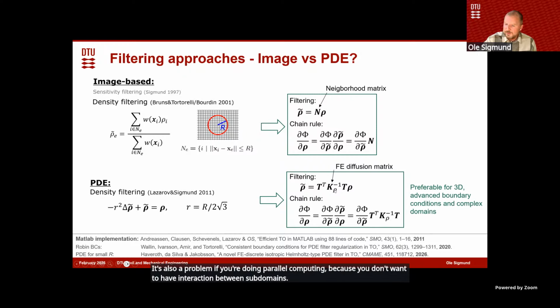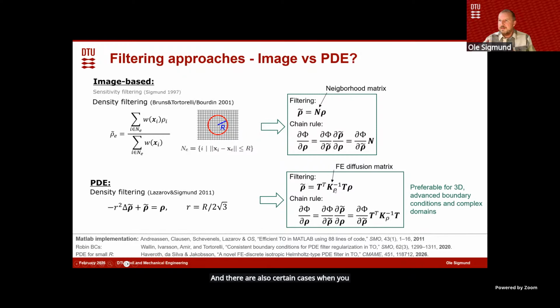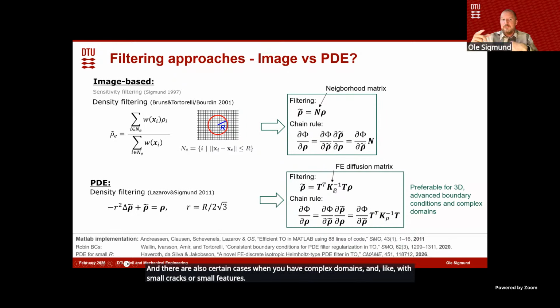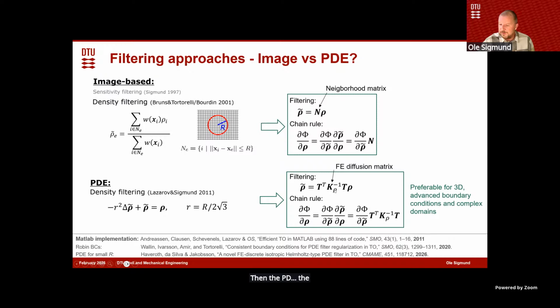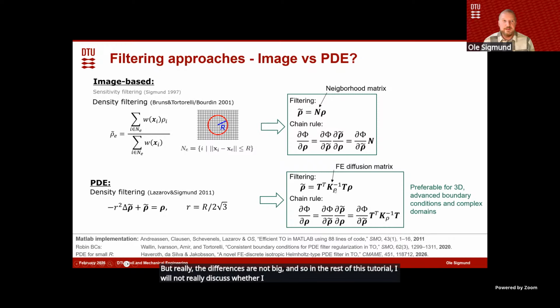And there are certain cases with complex domains, with small cracks or small features, where the image filter would be filtering across these gaps, whereas the PDE filter filters around the gaps, and in that way it makes more physical sense. But really, the differences are not big, and so in the rest of this tutorial, I will not really discuss whether I use the PDE or the image-based density filtering.